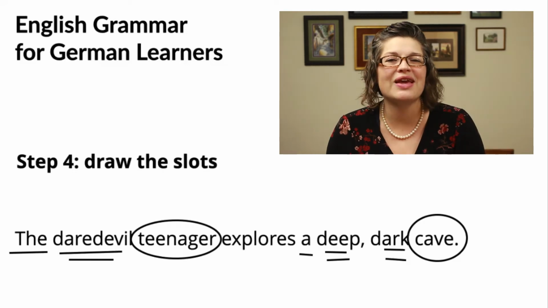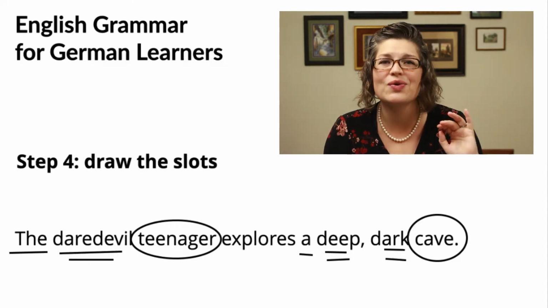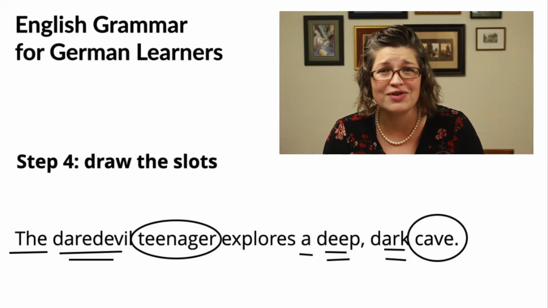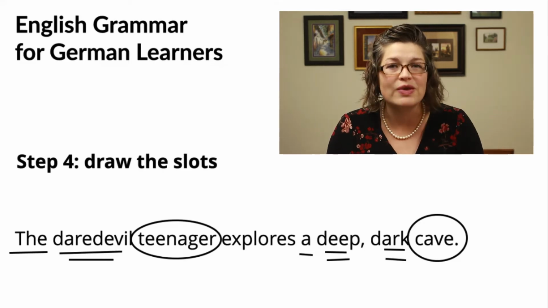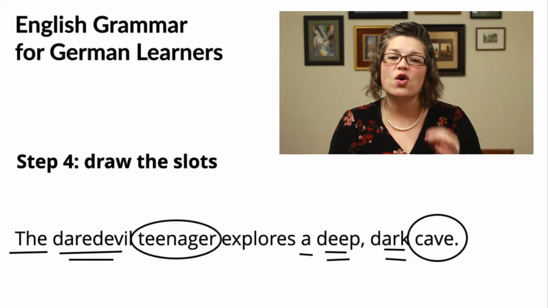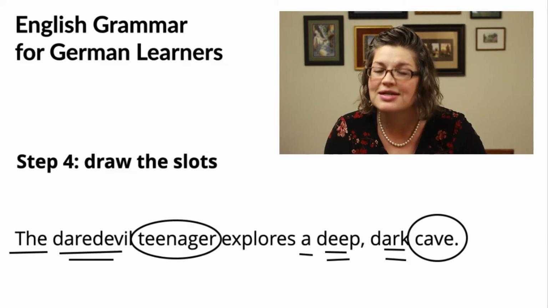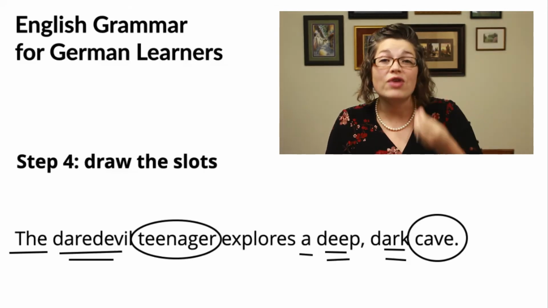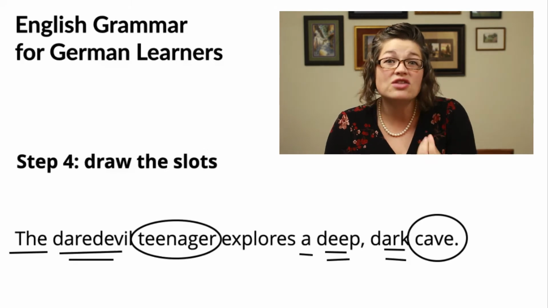Now we need to do something called drawing in the slots. What on earth are slots? So again, I'm sure you never learned this in 5th grade English class because you didn't need to, but it's going to be absolutely crucial to understanding German grammar. So every noun in a sentence has to go into a slot, and along with it, it brings the determiner and any adjectives into the slot with it.